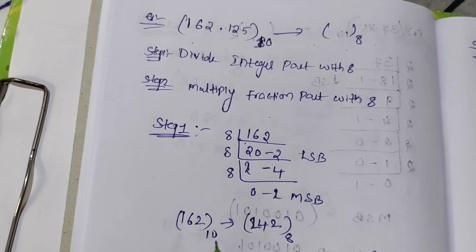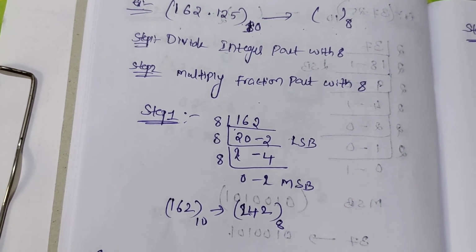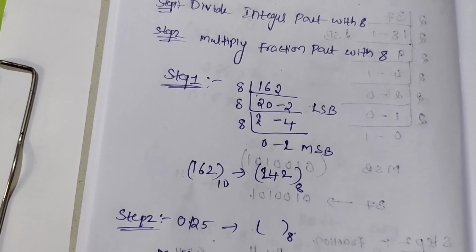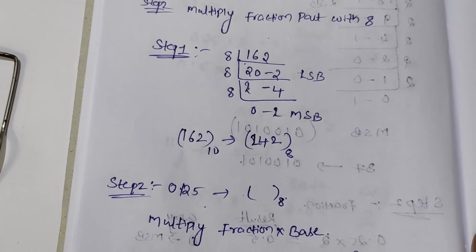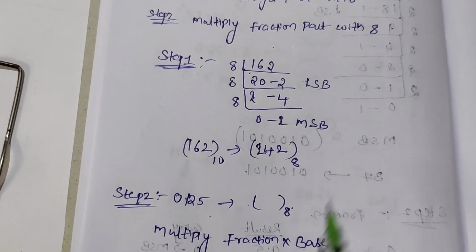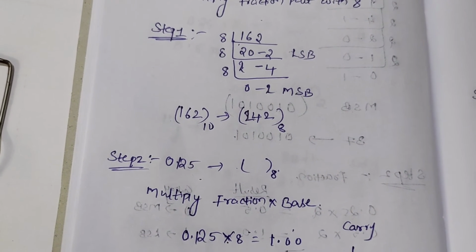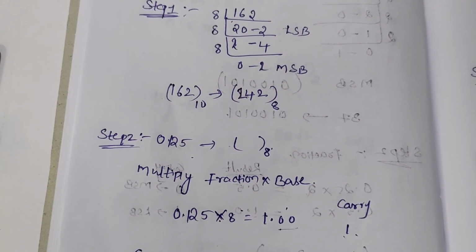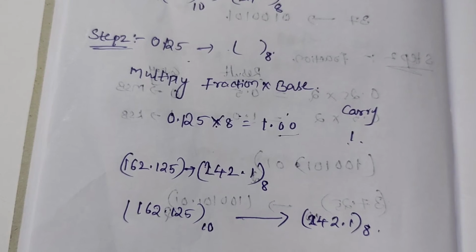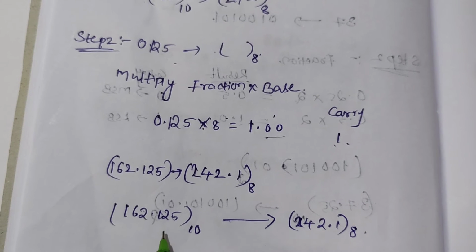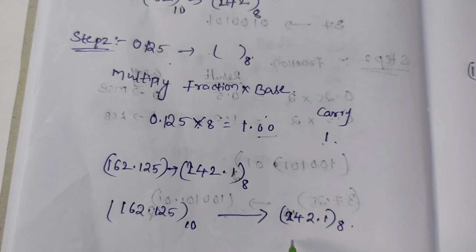This is the octal equivalent of the decimal value 162. Now we need to convert the fractional part into its octal equivalent. So multiply the fraction with 8. On doing multiplication, we get 1.00. So 1 is the carry. There is no fraction part to multiply. This is the octal equivalent of the decimal value 162.125.